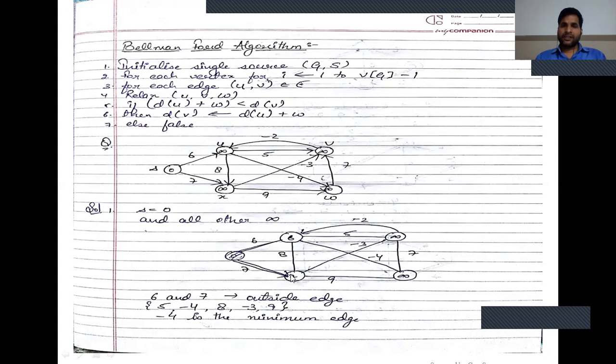After including these two vertices, we write all outgoing edges in the set, like 5, minus 4, 8, minus 3, 9. We check the minimum path value of this set, which is minus 4.